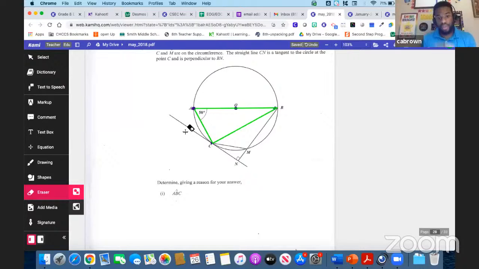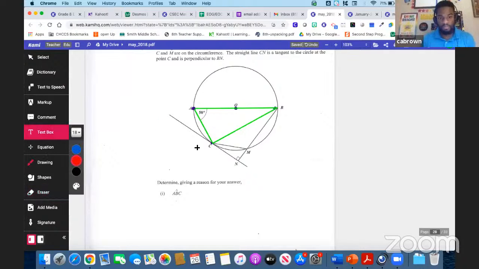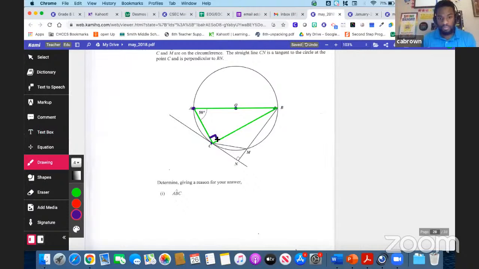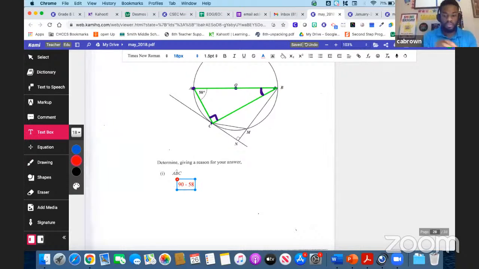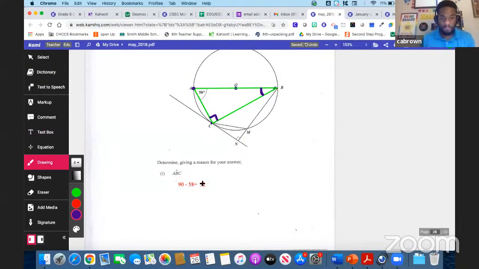And if it is a right triangle, it means that right here would be 90 degrees. And we need this angle right here. An easy way to get that measure is, of course, to say 90 minus 58. Other individuals would probably add 90 plus 58 and subtract from 180. It doesn't matter which way you do it, it's pretty much the same thing. So this will be 32 degrees.